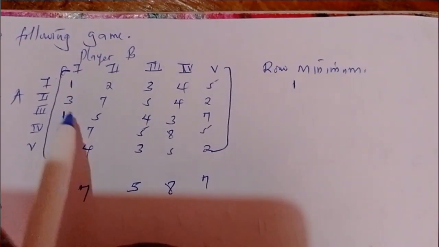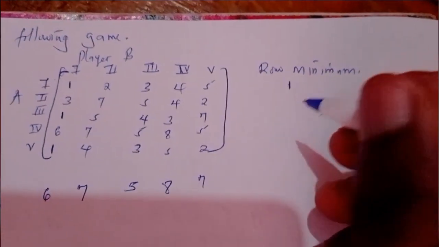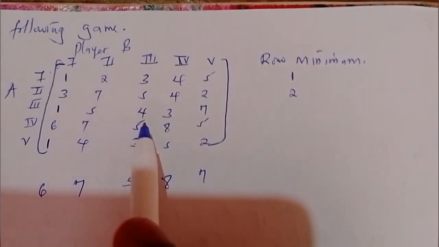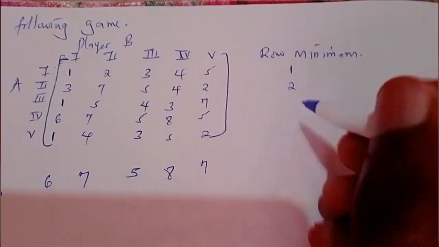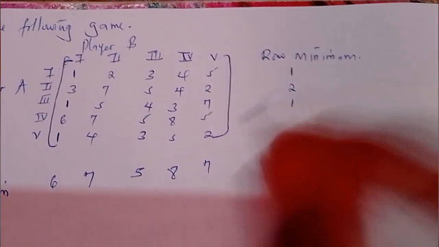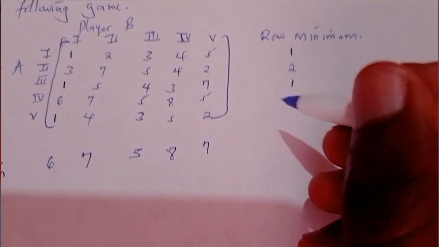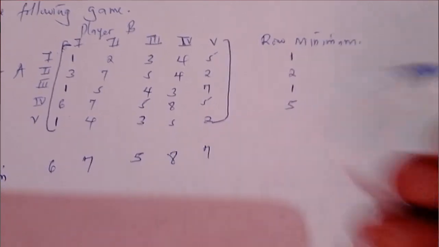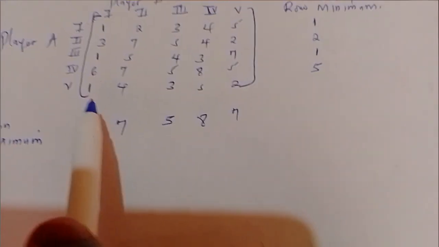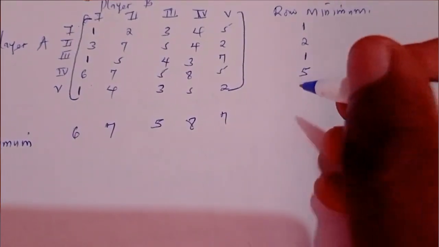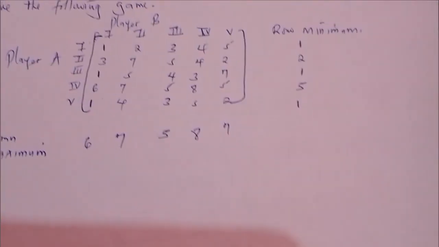In this row the minimum element is 2. Then you have 1, 5, 4, 3, 7. The minimum element is 1. We have 6, 7, 5, 8, 5. The minimum element is 5. Then the fifth row, 1, 4, 3, 5, 2. The minimum element is 1. Are we there?